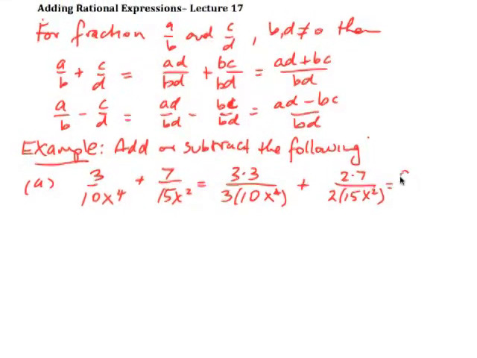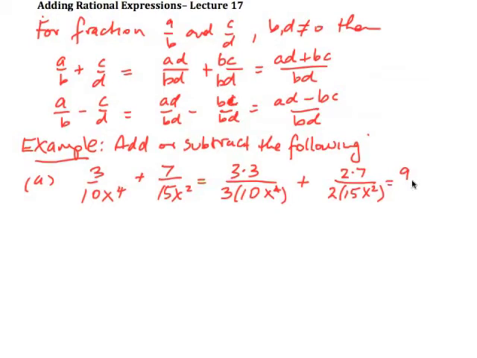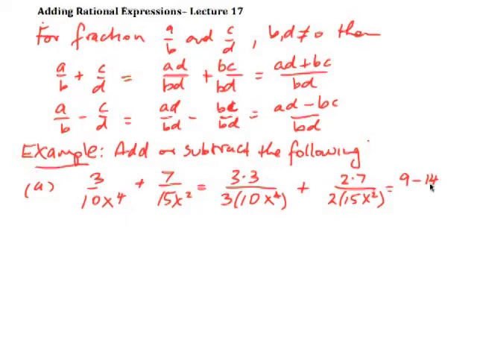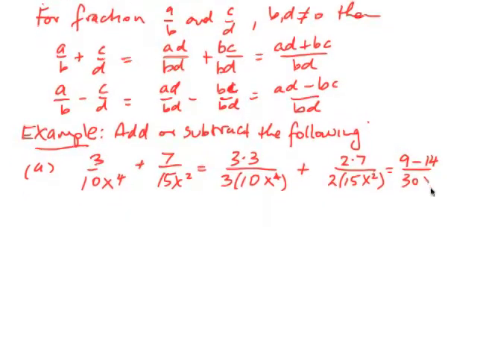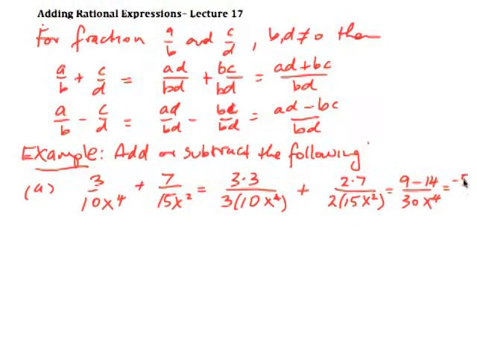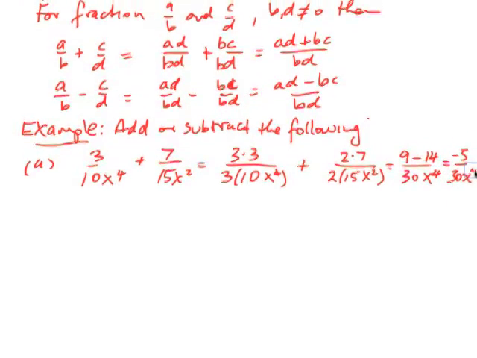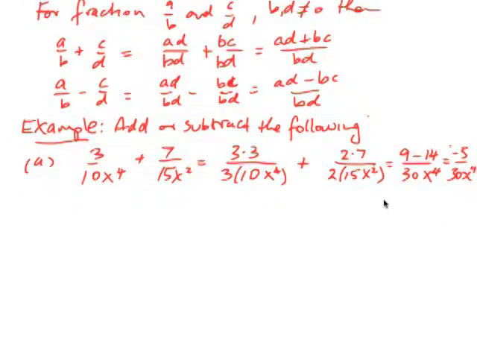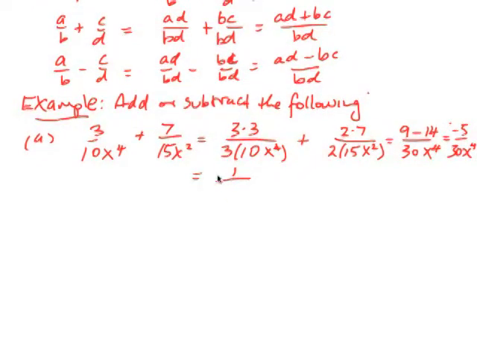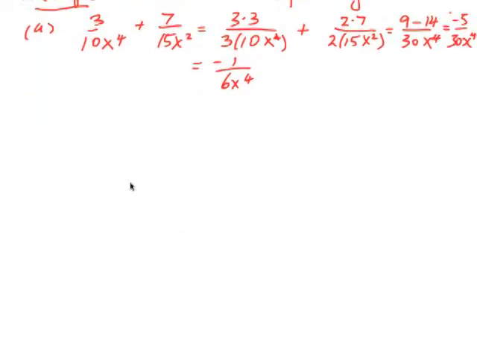So what I end up with, of course, is 9 subtract 14 over 30x to the 4, which of course is negative 5 over 30x to the 4. And this comes out to be, finally, when cancelling by 5s, we'd end up with this result.